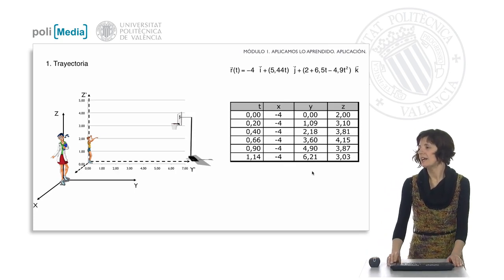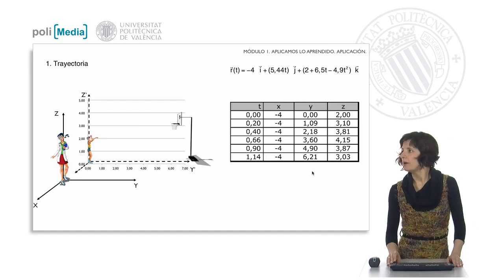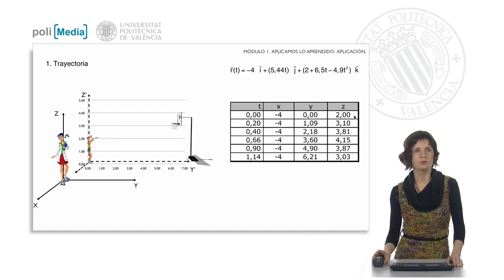At the initial instant, the ball is in the hands of Jay, and we can observe that its height, its z component at that instant of time, is about 2 meters. At the next instant of time, at 0.2, the y component is 1.09 and the z component is 3.1. If we go to the graph and represent these values, we obtain this point of the trajectory.